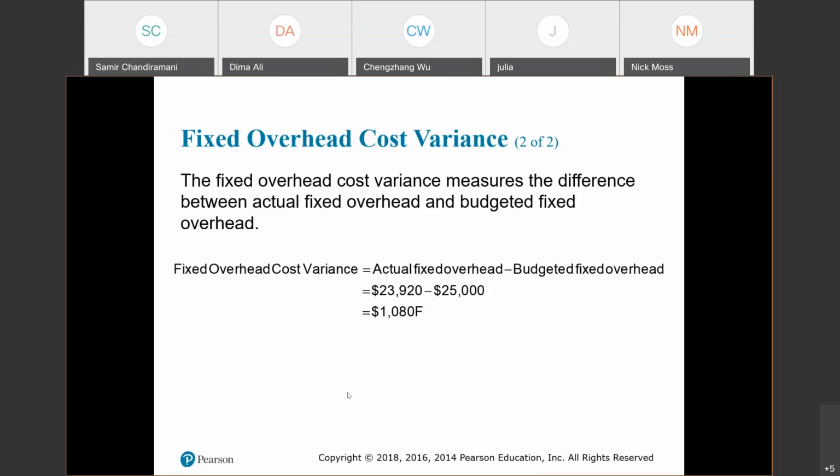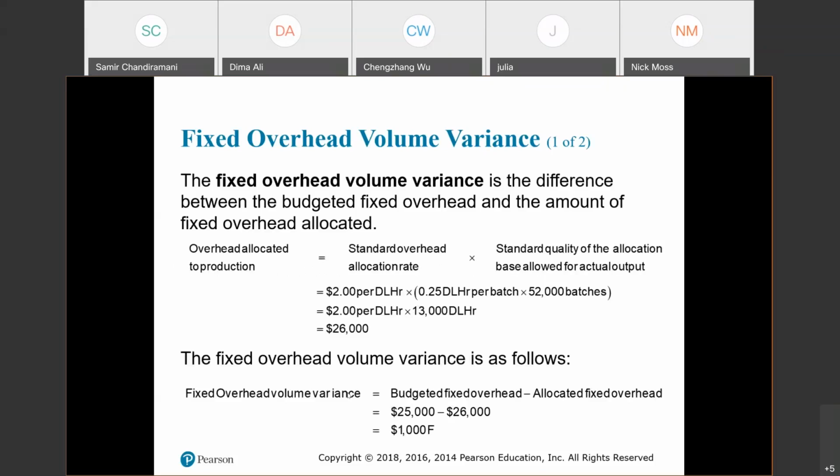In terms of fixed overhead, for the first part, we do cost variance analysis, but for the second part, it would be a little bit different. It's no longer something like the efficiency variance.